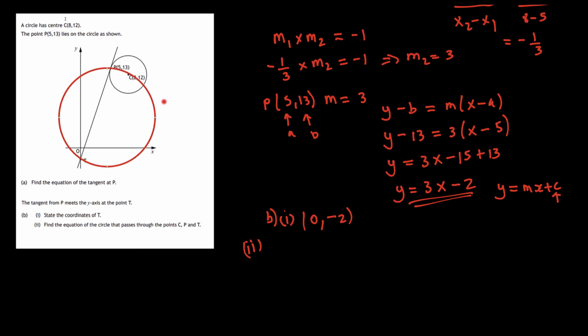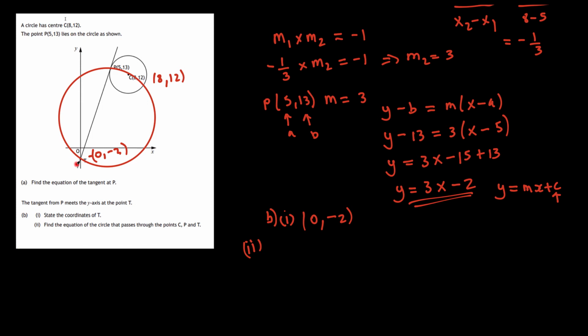Here's my circle, and it's going through point C, which is (8, 12). And of course T, we said, was (0, minus 2), and we can see P is (5, 13).